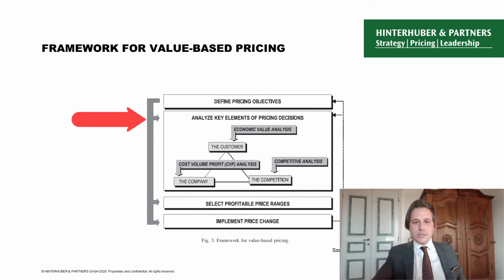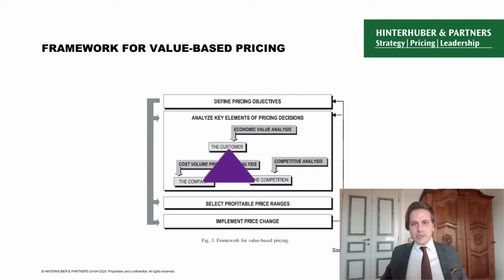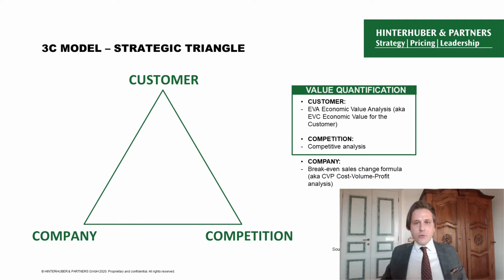But if you go to the second step, which is analyzing key elements of the pricing decision, you see there is a nice triangle. This is the strategic triangle. These are the three C's: the customer, the company, and the competition.